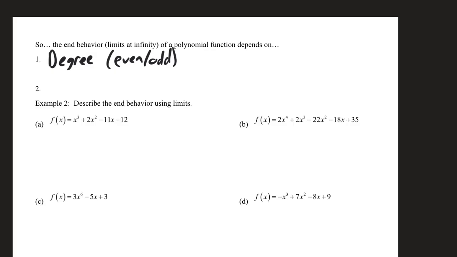If the degree is odd, the behaviors are opposite. And then specifically the leading coefficient tells me up or down. So I need to know if that leading coefficient is positive or negative. I don't really care about how big or small it is. I just know, is it overall positive or negative?